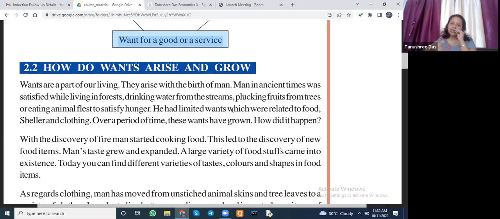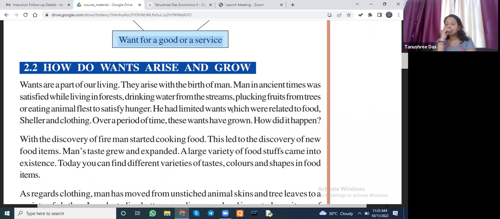Secondly, as there is development in the civilization: earlier people did not have fire. They did not know how to cook food. They used to pluck the fruits and vegetables and eat them raw. Later on, after the invention of fire, they came to know that these things can be boiled and cooked, and after boiling, the taste of the particular thing will change.